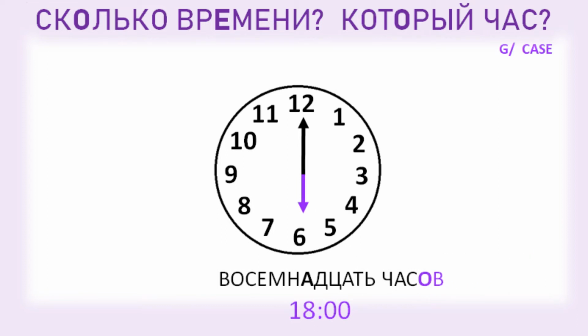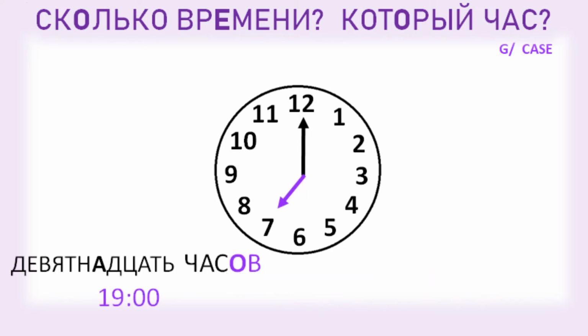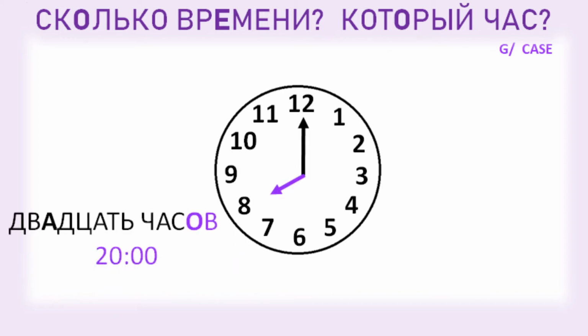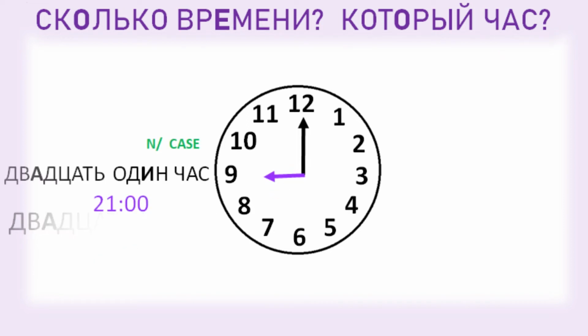18 часов, 1800 hours, 19 часов, 1900 hours, 20 часов, 2000 hours, 21 час, 2100 hours.